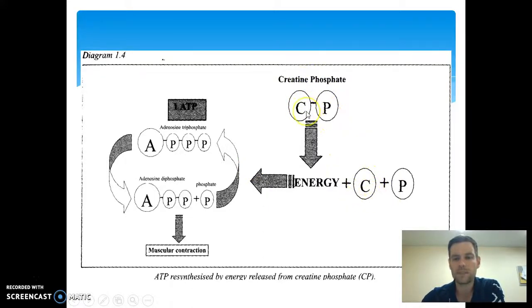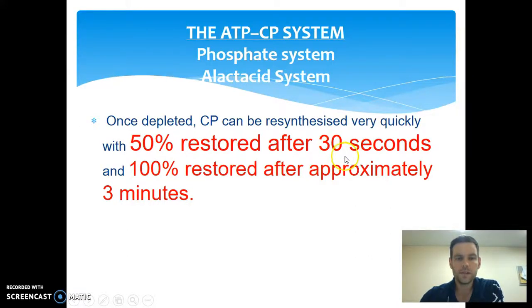So essentially what happens is the creatine piggybacks onto the phosphate, grabs the phosphate molecule, and helps put it back onto the ADP molecule to resynthesize ATP. So that's the importance of creatine phosphate in this system. It's also important to know that once depleted, once we've used this system up, CP can be resynthesized very quickly.